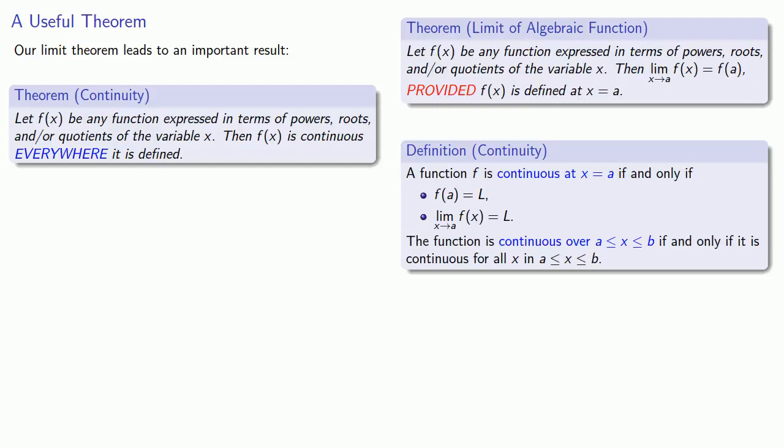Then f of x is continuous everywhere it's defined. And that's because the limit as x approaches a of f of x will be f of a according to our limit theorem, and because the limit is the function value, then the function will be continuous according to our definition of continuity.